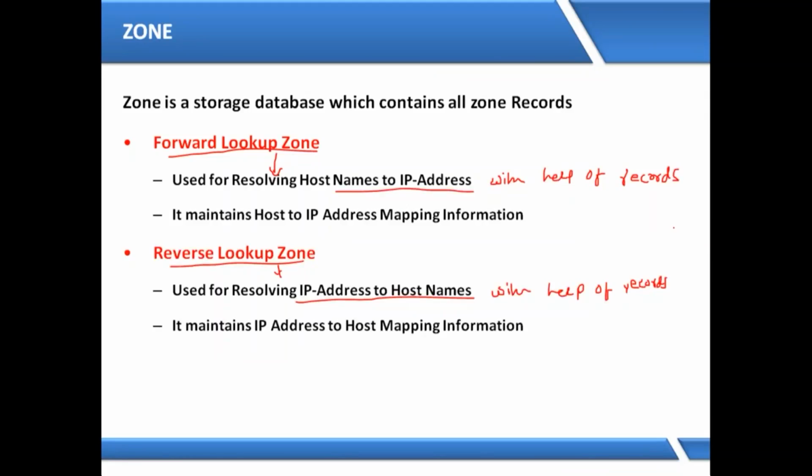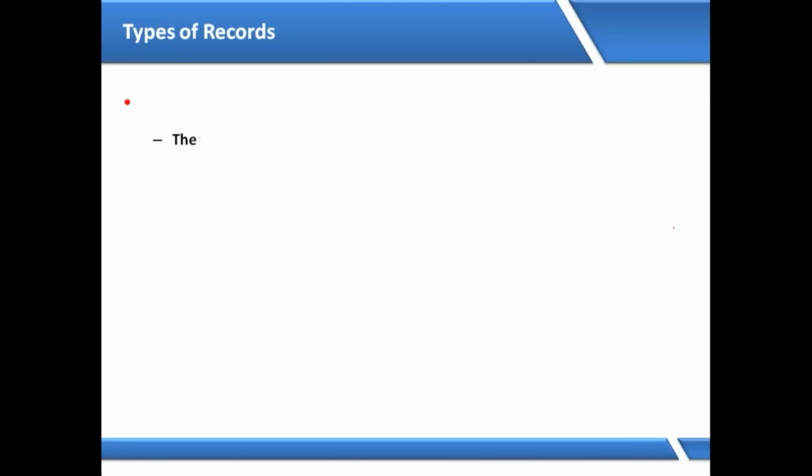Some of the records are created by default, and some of the records we have to create as an admin. What records are created by default and what we have to create as admin, we'll discuss. Next, types of records. We have a record with the name SOA. SOA full form: start of authority.